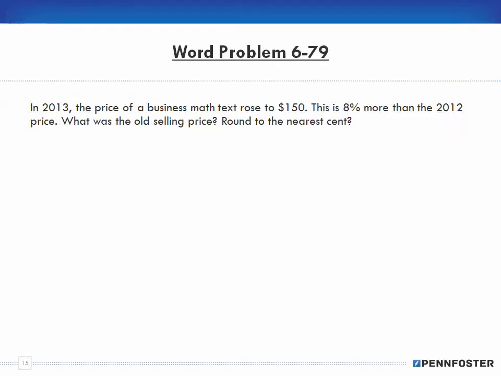In 2013, the price of a business math textbook rose to $150. This is 8% more than the 2012 price. What was the old selling price? Round to the nearest cent.